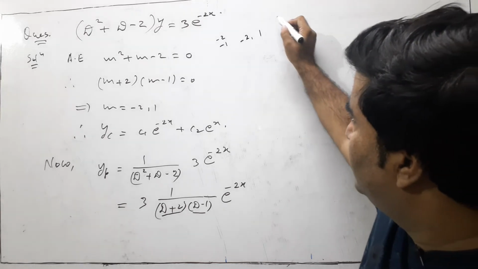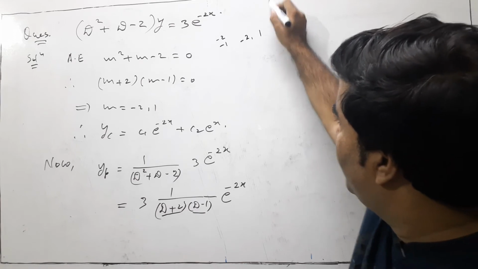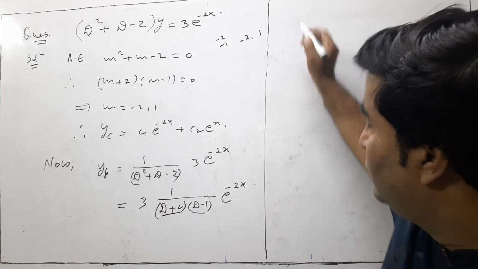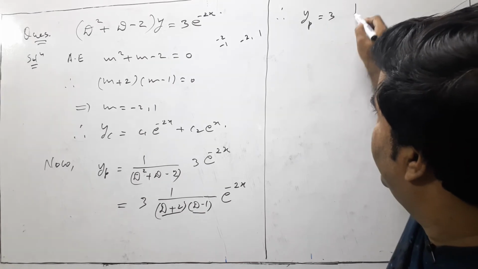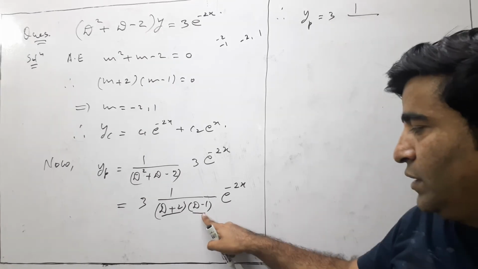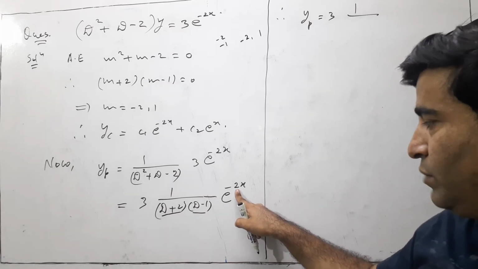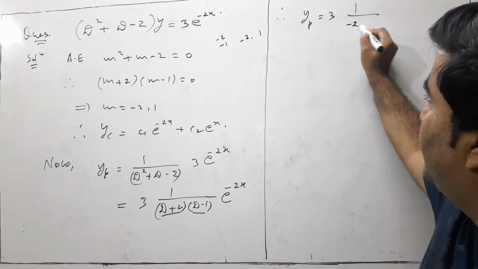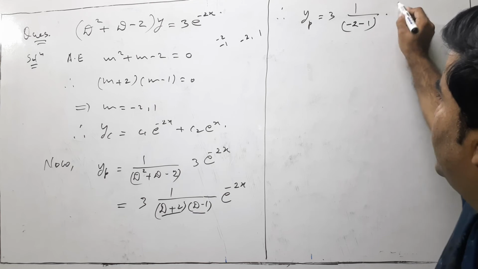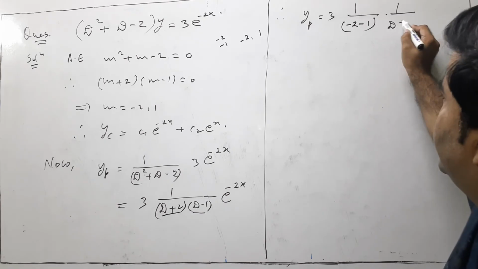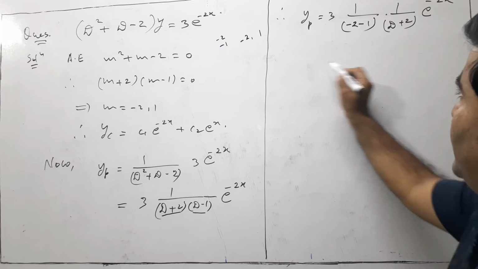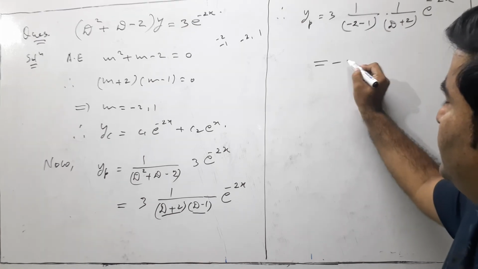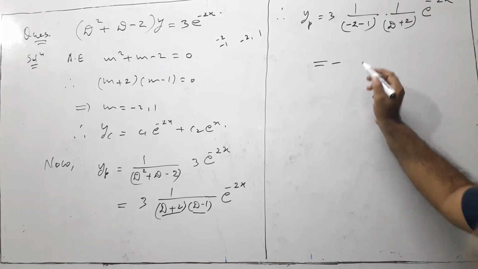Therefore yp is 3, actually this factor is non-zero on putting D is minus 2, so here we can put minus 1 and this is 1/(D + 2) e^(-2x). So this is minus 3, 3 cancels out.